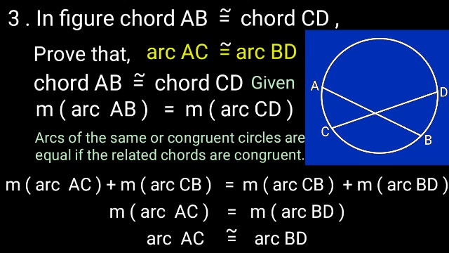Measure of arc AC plus measure of arc CB is equal to measure of arc CB plus measure of arc BD.